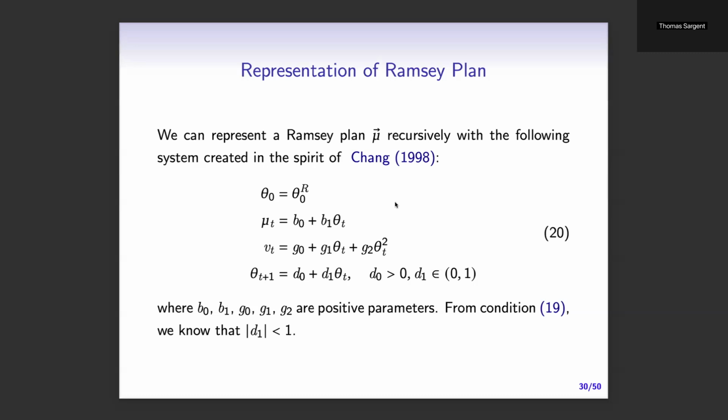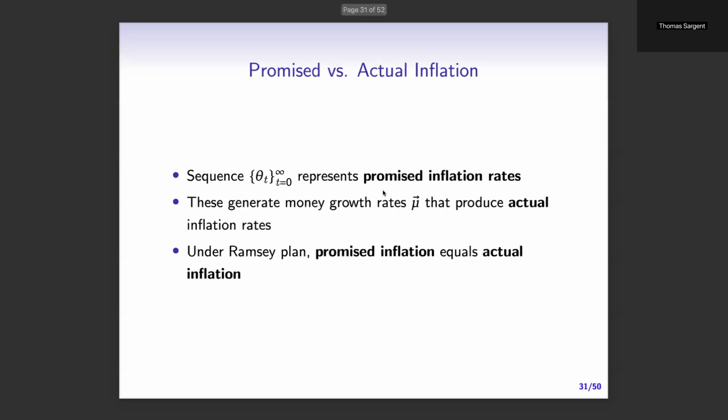But here we've learned a lot about the structure and how hard we have to work to make it recursive. So now we can sit back and do a little philosophizing, and we'll notice that the sequence theta t, through the lens of the continuation Ramsey plan, represents promised inflation rates.